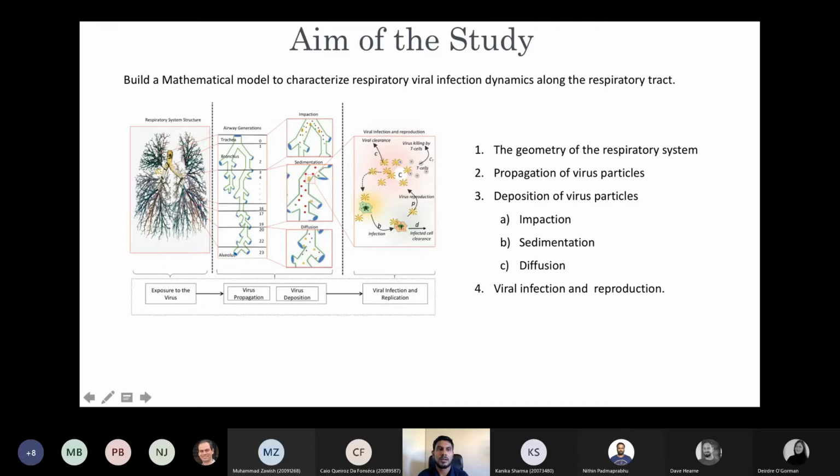Basically, we considered the tree structure of our respiratory tract, and in respiratory studies, the respiratory system is divided into 23 generations, starting from trachea to alveolus. We studied the geometry of the respiratory system, how the virus propagates along all these airway generations, how the virus deposits, and finally the procedure of viral infection and reproduction.